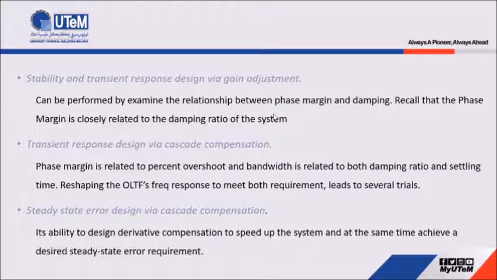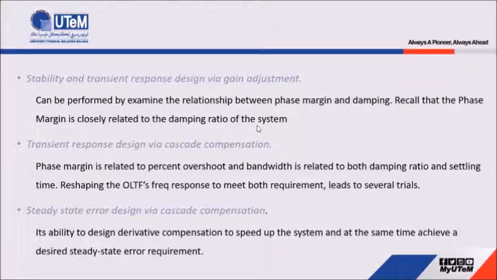So for stability and transient response design via gain adjustment, this can be performed by assuming the relationship between phase margin and damping. Recall that the phase margin is closely related to the damping ratio of the system.